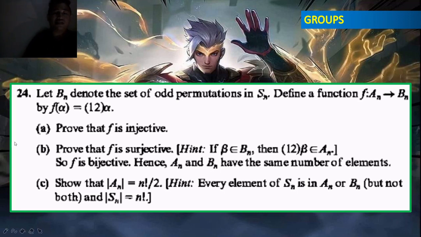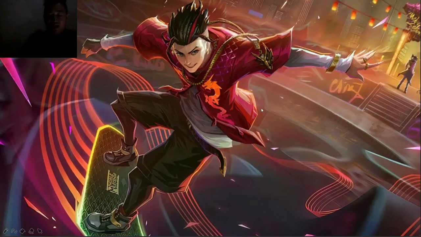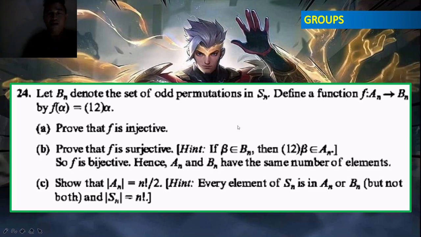Now exercise number 24. Let Bn be the set of odd permutations of Sn. Define the function f from An to Bn by f of alpha equals (1 2) times alpha.